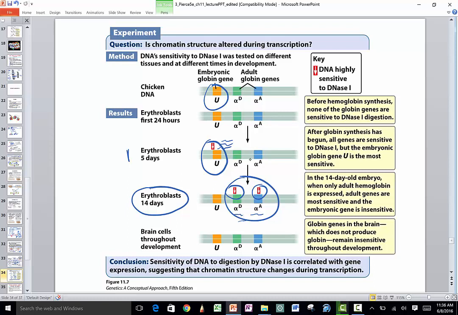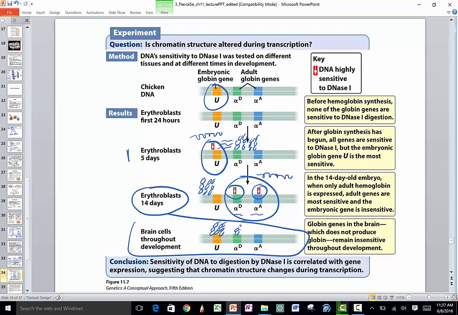So that means that at this time in development, this chromatin is tight and this chromatin is loose. And then at this time in development, this chromatin is loose and this chromatin is tight. And in brain cells, where they don't express at all, it's all tight, because you don't need the genes to be expressed.